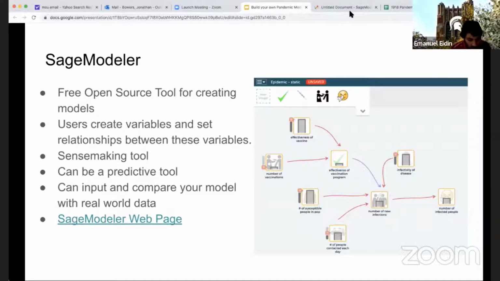Many software programs for modeling involve entering equations or maybe coding, and SageModeler tries to avoid that, to really decrease the cognitive load of those who are engaging in modeling, so modeling could be more intuitive and inviting for all kinds of people, from elementary school to college students.